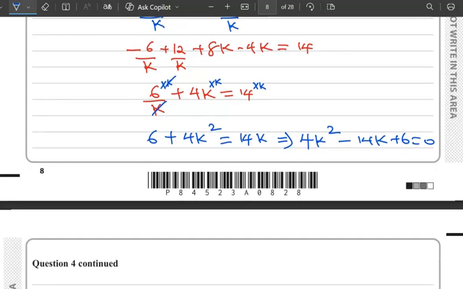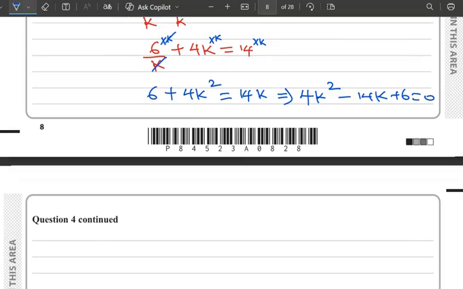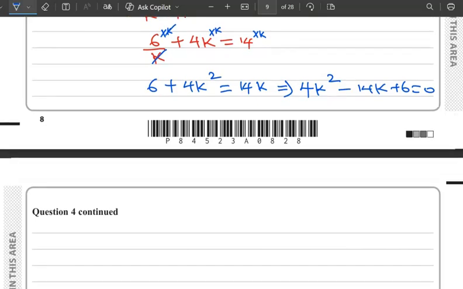So what we can do is factorize, because in 4k squared, negative 14k, and 6, there's a common factor here, which is 2. So we can divide through by 2, and therefore we'll have 4k squared divided by 2 minus 14k divided by 2 plus 6 over 2 equals 0 over 2.